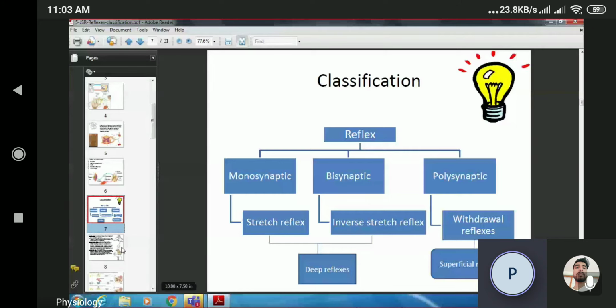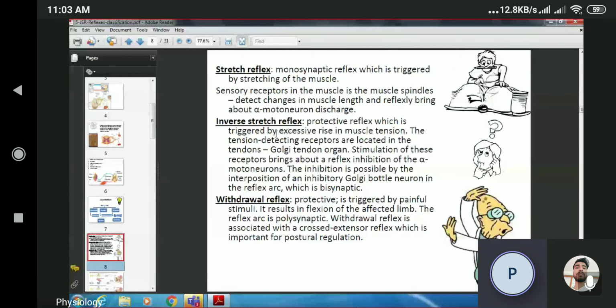Now, what is stretch reflex? The monosynaptic reflex which is triggered by stretching of the muscle is called stretch reflex. That's why its name is stretch reflex. The sensory receptor in the muscle is the muscle spindle. Please remember, the receptor of the stretch reflex is the muscle spindle.